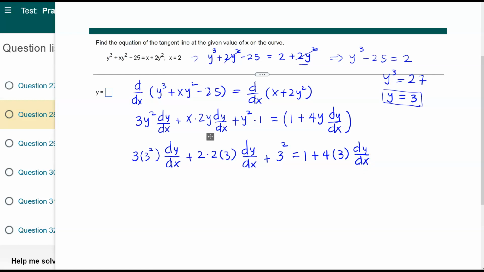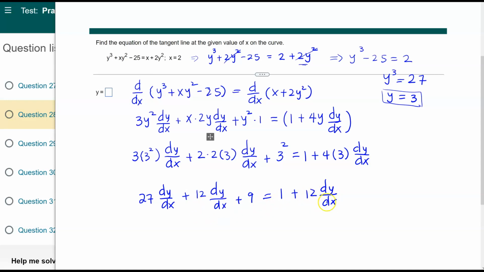And then you simplify. So this is 27 dy dx plus 4 times 3 is 12 dy dx plus 9 is equal to 1 plus 12 dy dx.